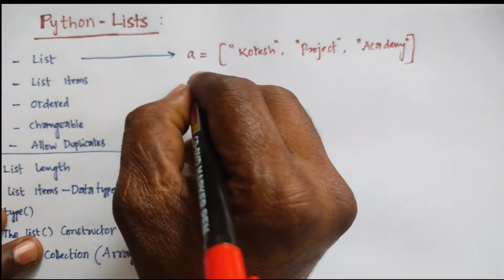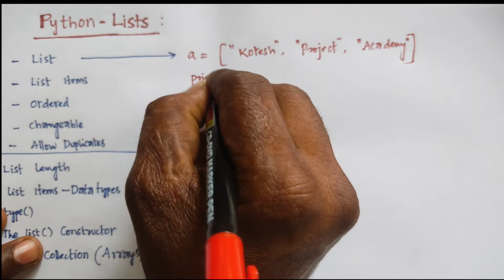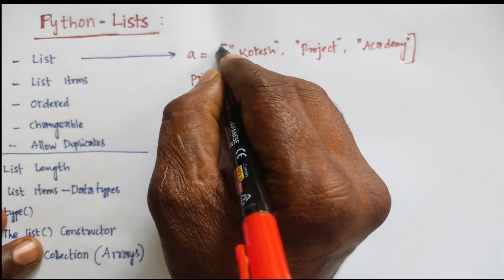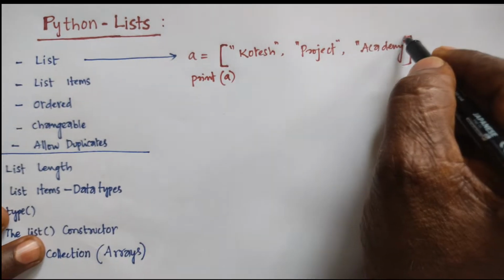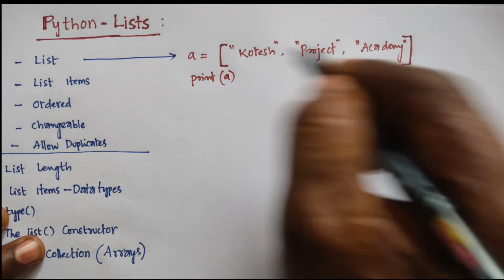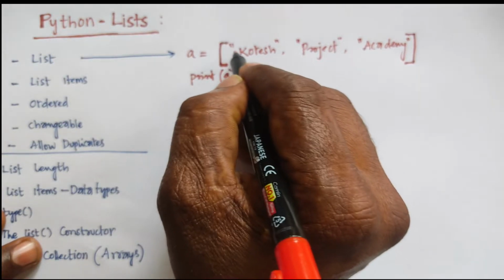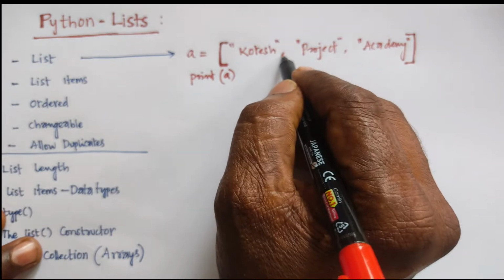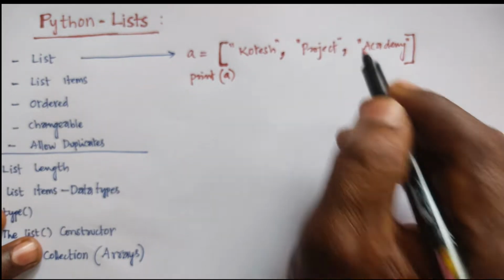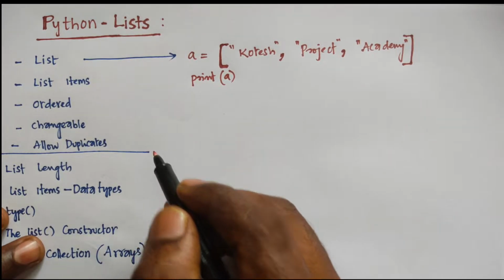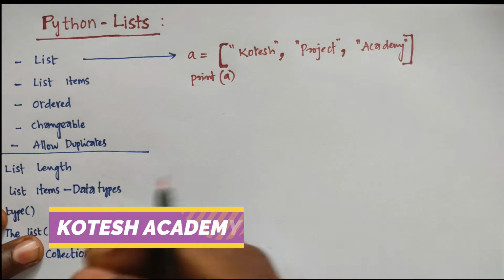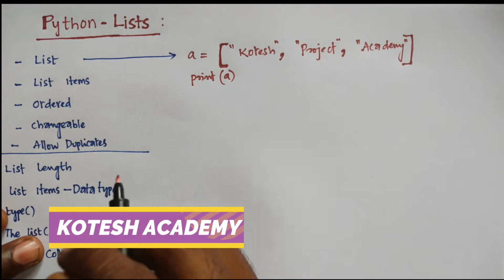Then you can print A. So here a list can be represented with the help of square brackets. In those square brackets you can write the items, and each string is separated by a comma. So this list is widely used to collect data in a single variable.